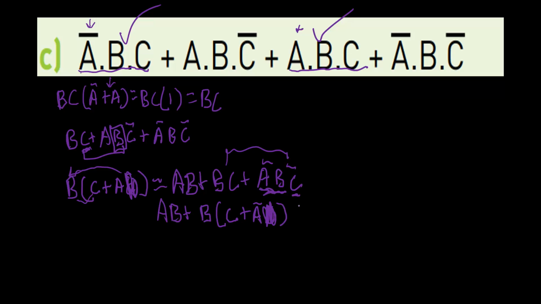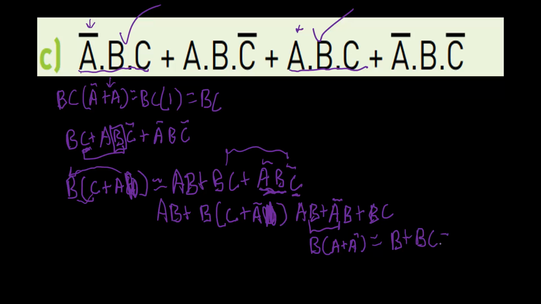So now I'm left with AB, or not AB or BC. I can do something with this right here. I do the B. I get A or not A again. We know that comes out to 1. So this gives me B, which is these two terms right here, or BC.